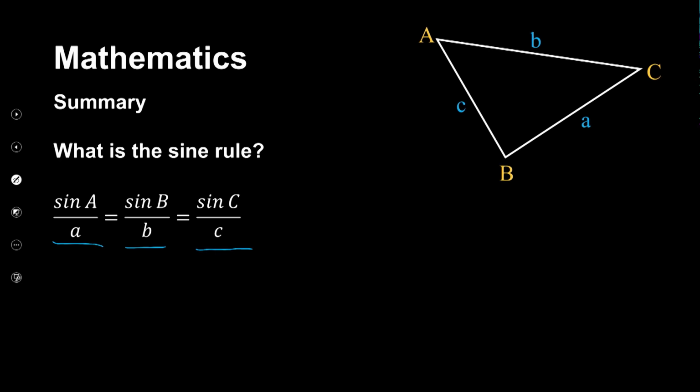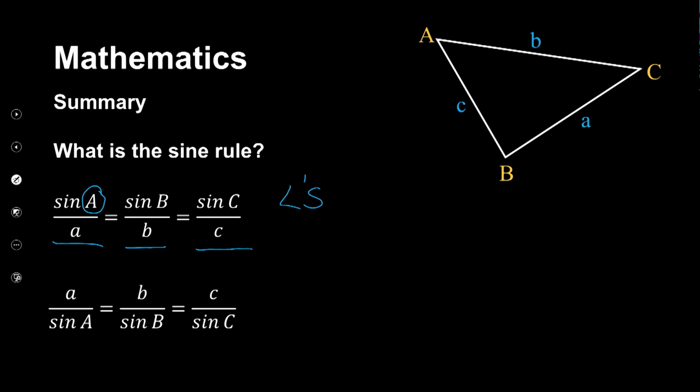This version we use predominantly when we're trying to find angles, because the angles are in the numerator. The second version of the sine rule is a over sine A equals b over sine B, which equals c over sine C.